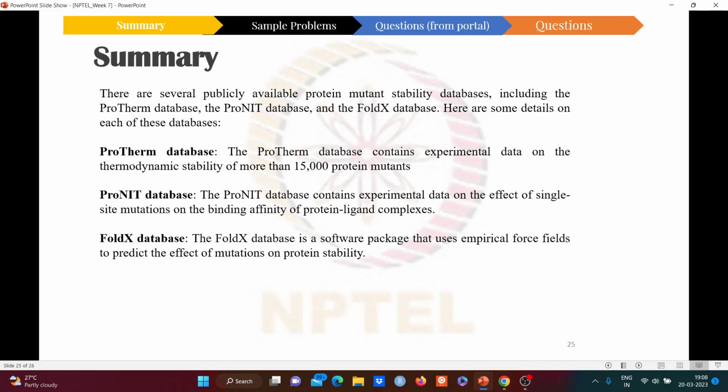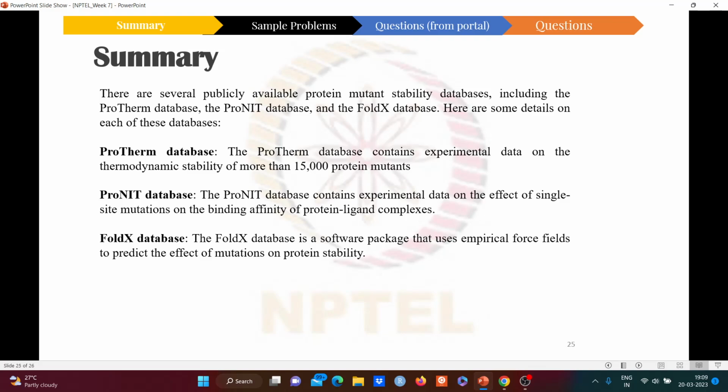FoldX database is built using empirical force fields to predict the effect of mutations on protein stability. This database contains information on thermodynamic and kinetic properties of thousands of protein mutants and can be used to predict the effect of mutations on protein folding, stability, and function.